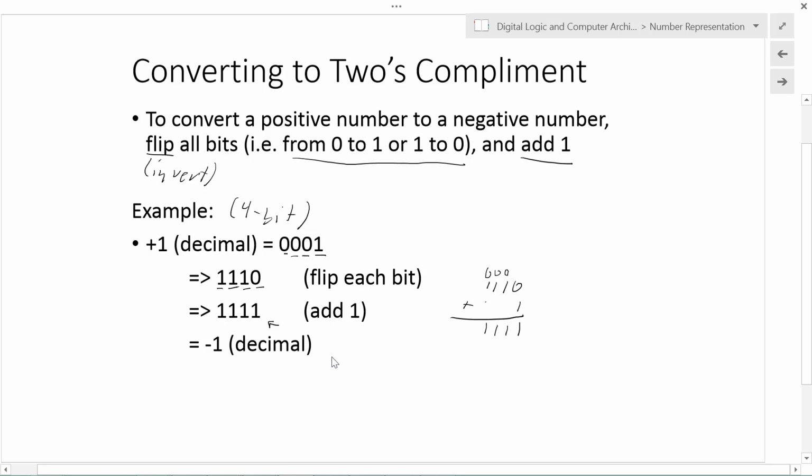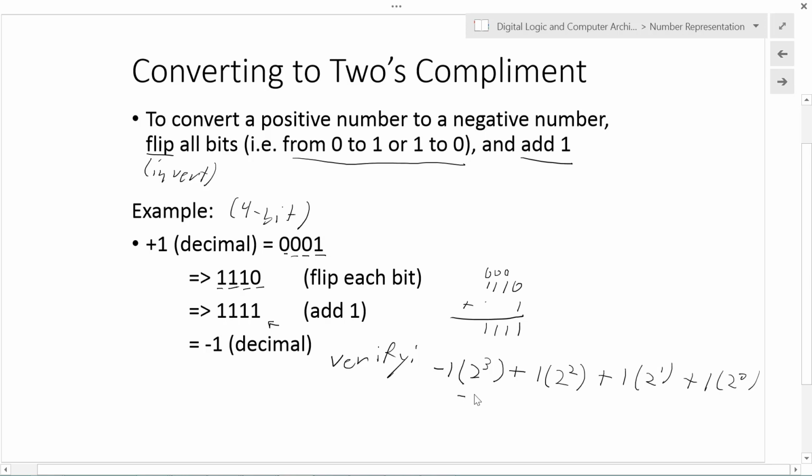Let's verify that we converted correctly. So we have negative 1 times 2 to the power of 3 for a 4-bit number, plus 1 times 2 squared, plus 1 times 2 to the first, plus 1 times 2 to the 0.